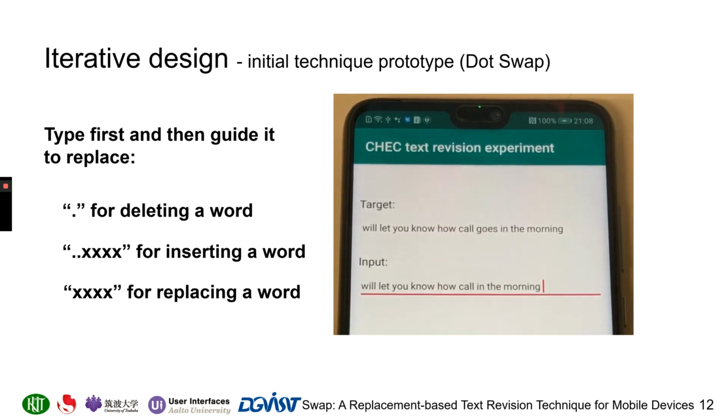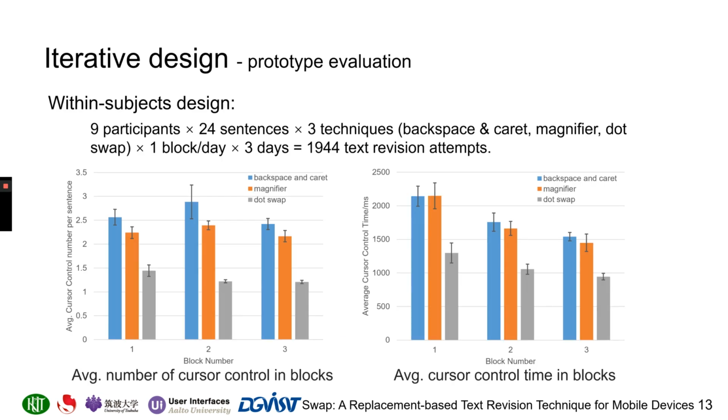We allow users to enter the content at the end of the text and use it for replacement. Through a within-subject text revision task, we compared the performance of our prototype with the conventional backspace and caret and the magnifier, which is now used in most Android and iOS devices to enlarge the area under the fingertip.